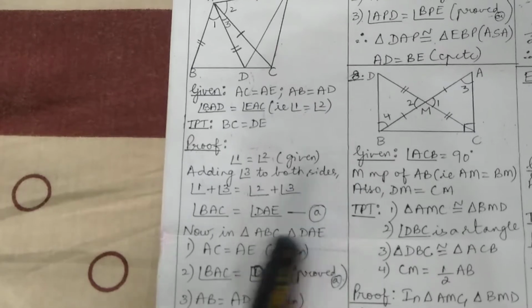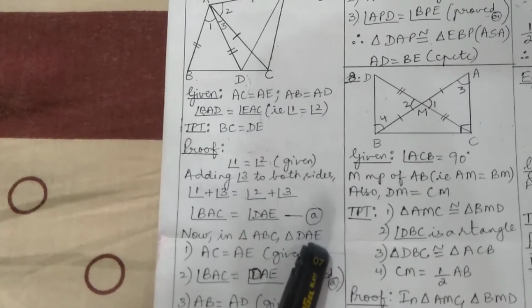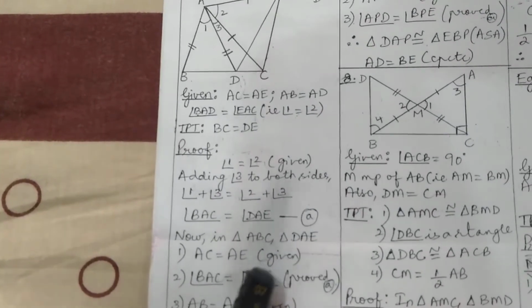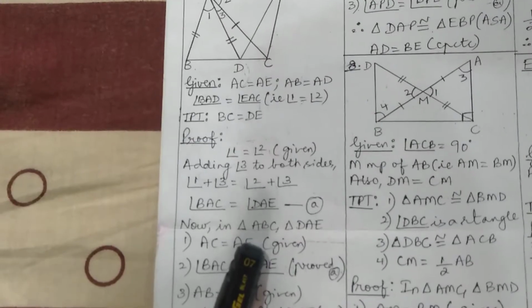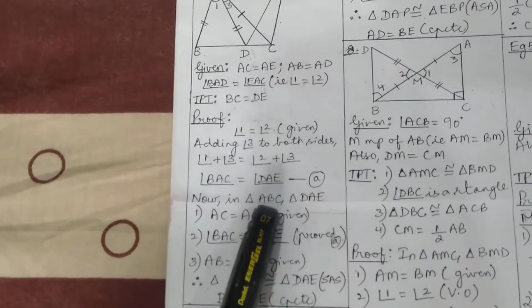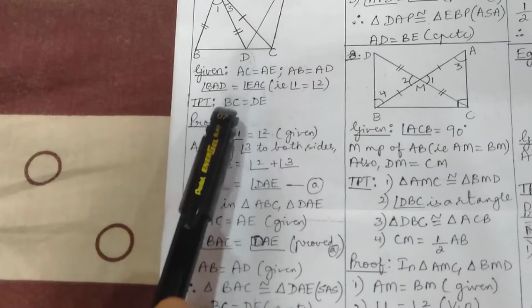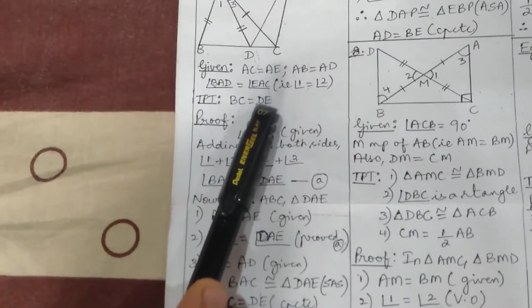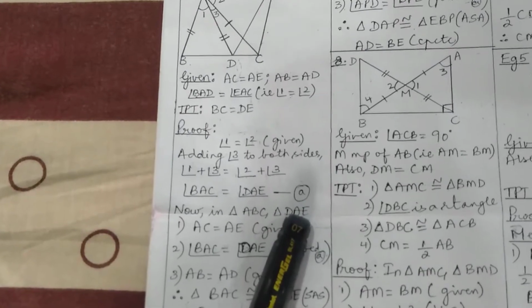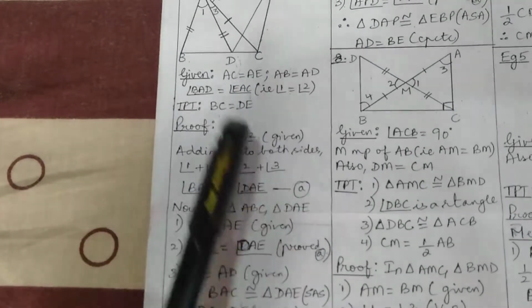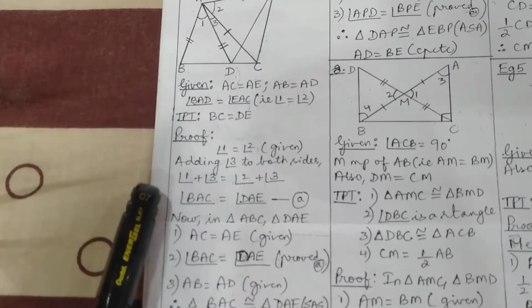These are the two triangles which must be taken up and proved congruent to one another. Why? Because triangle ABC has side BC in it, and triangle DAE has side DE in it, and we need to prove that BC equals DE, and this can be done by proving that these two triangles are congruent, and once they are congruent, their corresponding sides are equal.